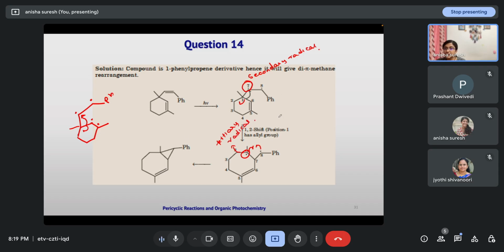Because of that, this 1,2 shift is taking place, or we can say this position 1 has an allyl group present, so the radical at this position will be more stable. So this 1,2 shift is taking place. After that, recombination of these two radicals will lead to formation of the cyclopropane, giving this final product. Clear why this reaction is taking place or how this reaction is taking place?